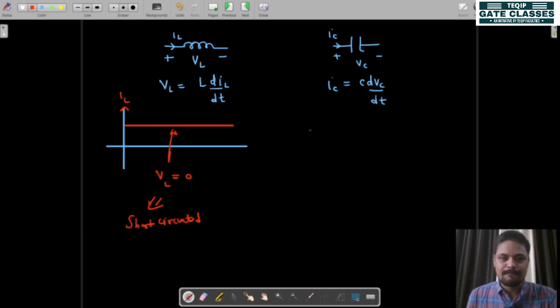So I hope this voltage-time criterion, current-time criterion, and ideal switch are clear to you. In the coming lectures, whenever I say the switch is on, the signal is given, you just need to treat the IGBT or MOSFET or BJT as a short circuit.